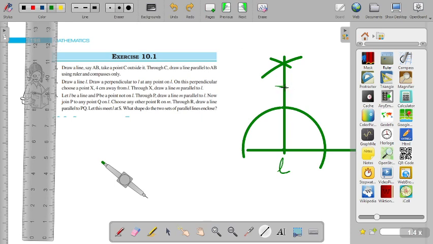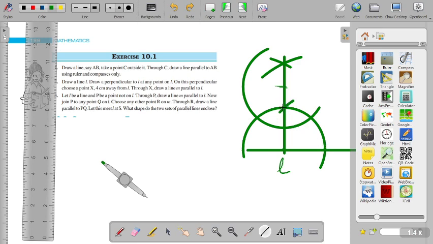Now at this 4 centimeter, let it be X, draw a line M parallel to L. So we have to draw the line. So taking this as center, we have drawn arc. Then after taking this as center, we draw another arc. Then taking this as a center, we measure this distance.